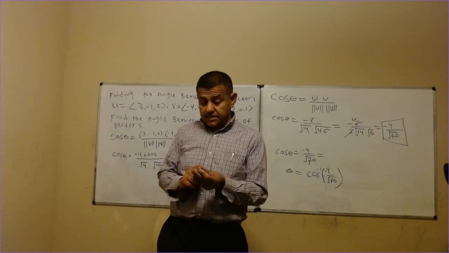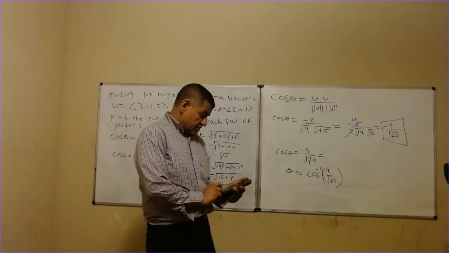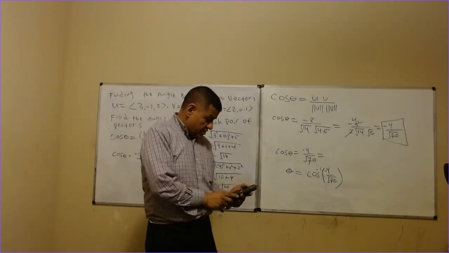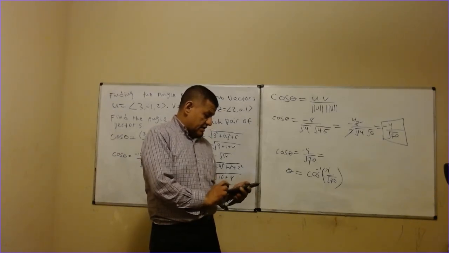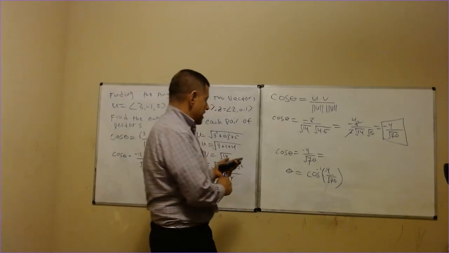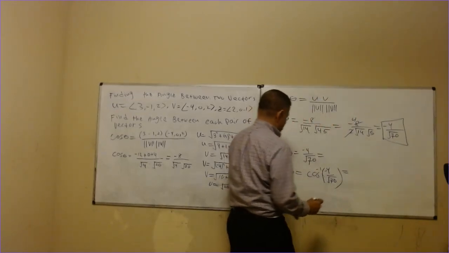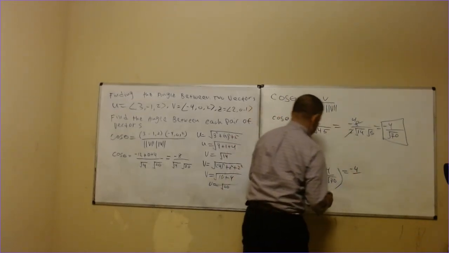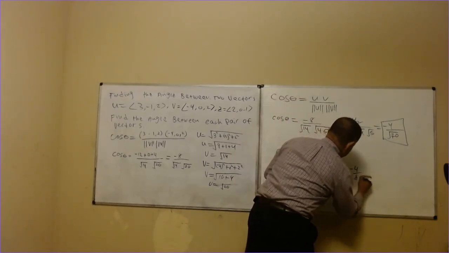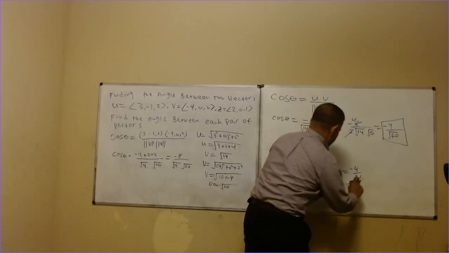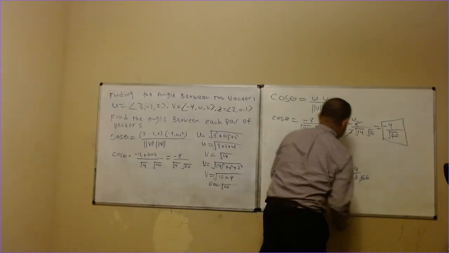And then when I do that, so let's do the square root of 70 first, right? In the calculator, that is equal to 8.366.